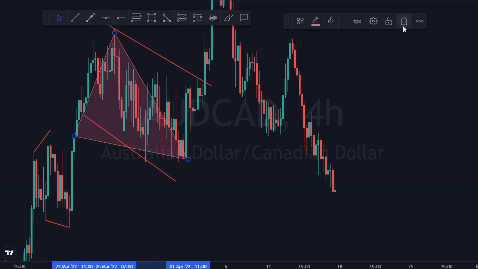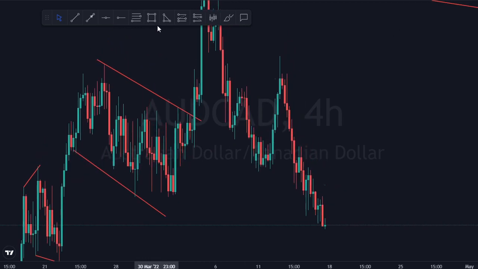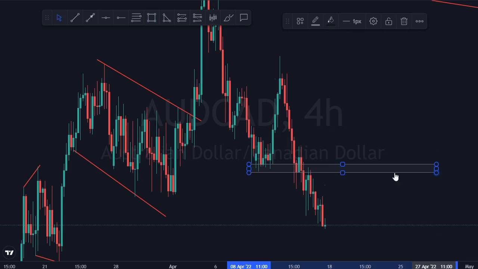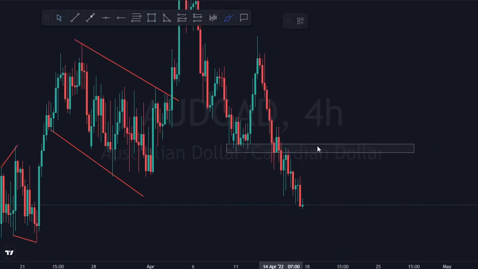Let me just get rid of this head and shoulders now. Price might come back here, this previous lows, give us a retest here, and then continue all the way to the downside, guys.